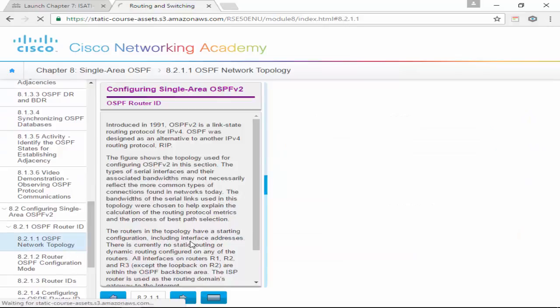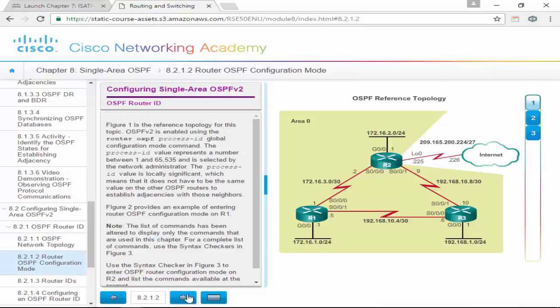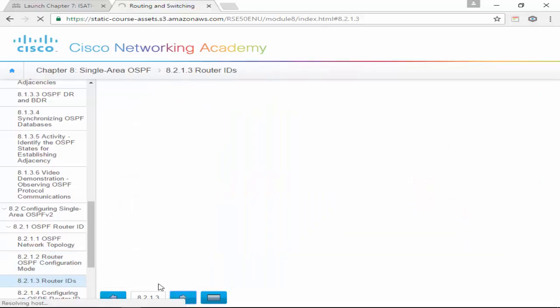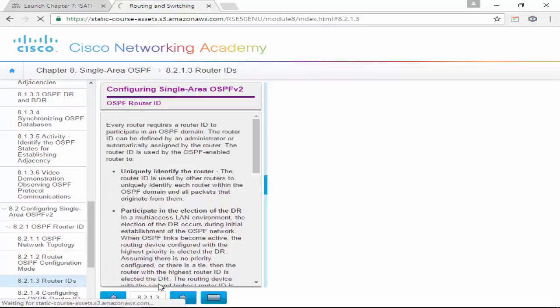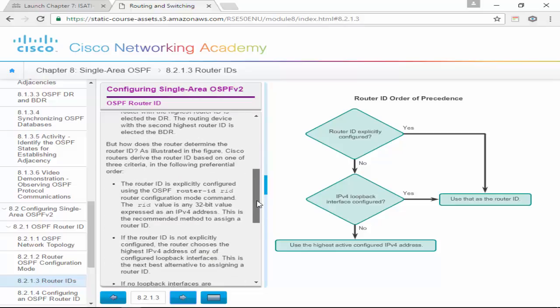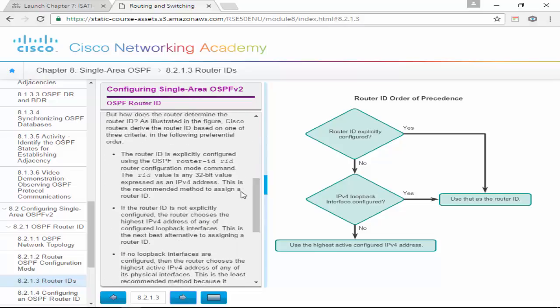So now we go to our router ID. And so in our little areas, we're going to have a router ID. We go into router configuration too, and this will make more sense once we set up OSPF, but it's a lot like RIP. So we say router OSPF, and then we put that number, which was talked about in the last chapter.